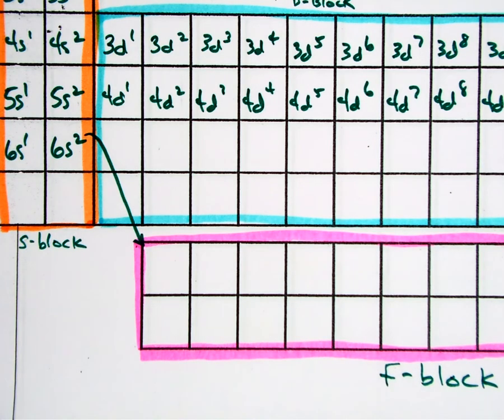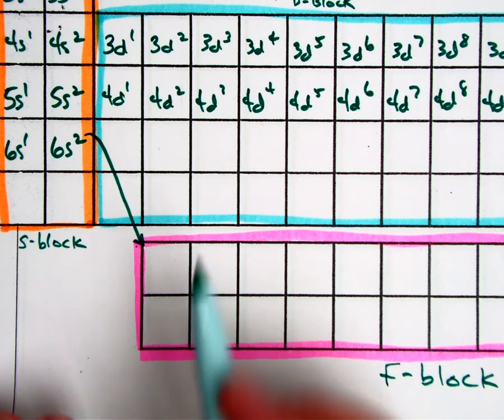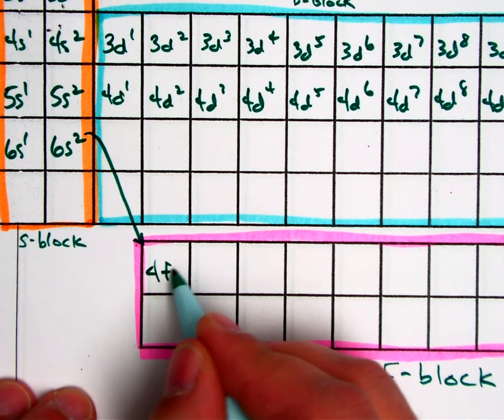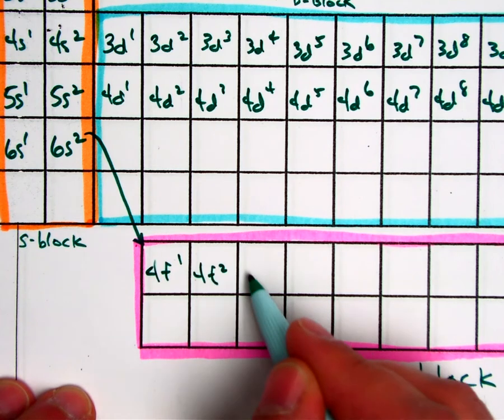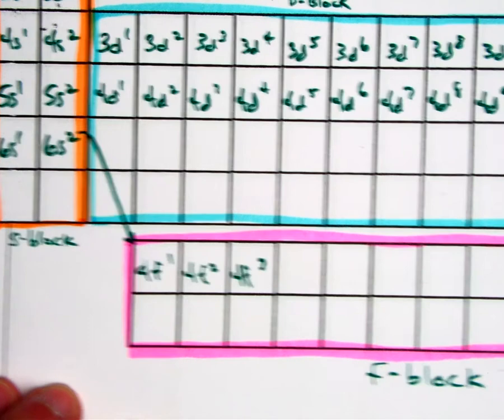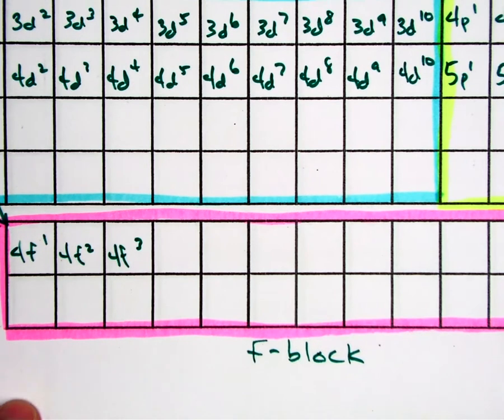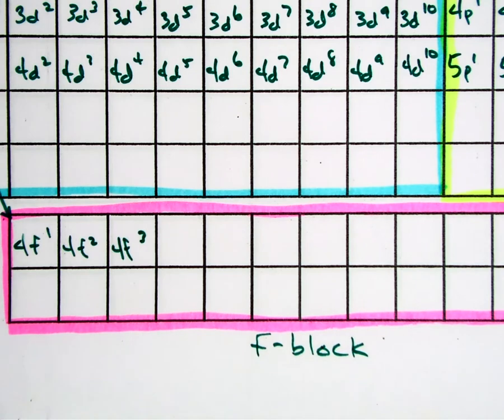But again, with the whole number thing, something bizarre is going to happen. So far, we've been dropping 1 in D block. We're going to drop 2 in F block. So what we're going to get down here is 4f1. Remember, we're in F block. 4f2, 4f3. And we're going to go as far as we can go with F block. Do that right now.